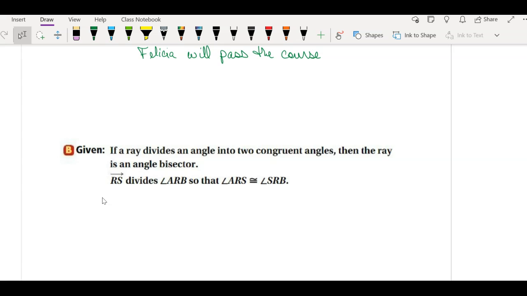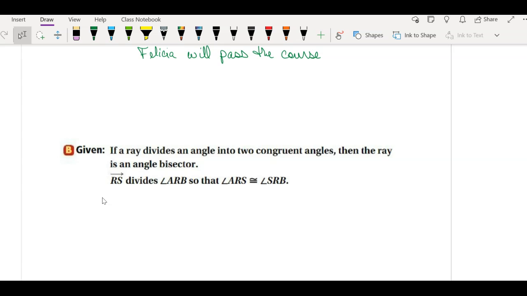Now let's take a look at another example. So we're given, if a ray divides an angle into two congruent angles, then the ray is an angle bisector. And then the statement is ray RS divides angle ARB so that angle ARS is congruent to angle SRB.